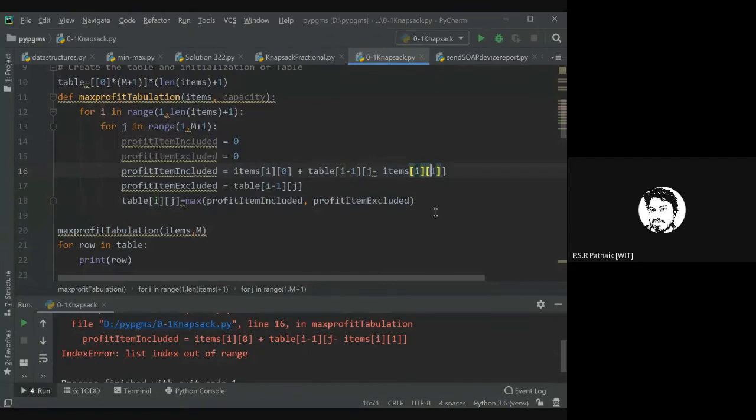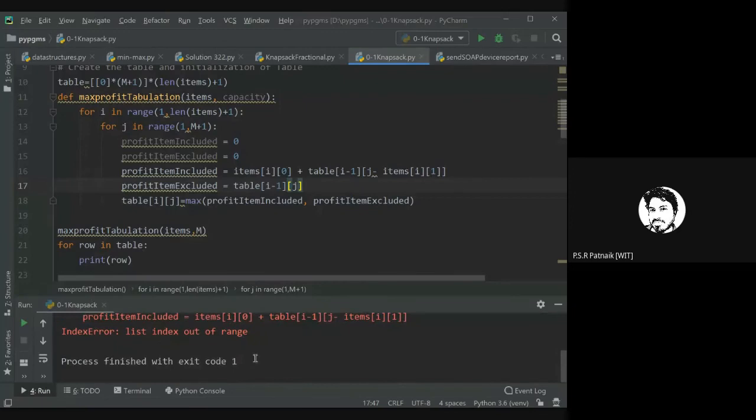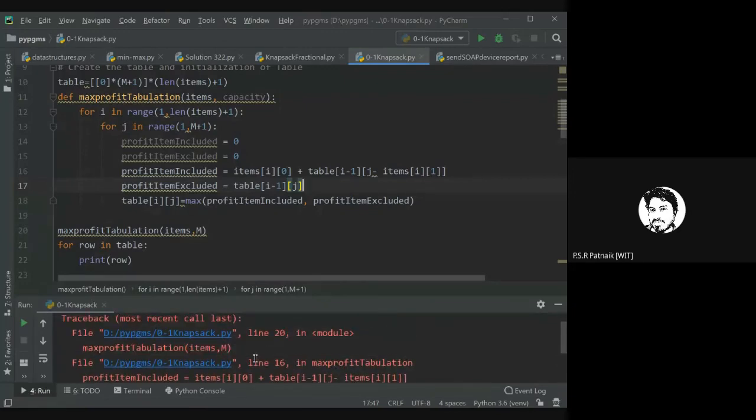Items of 0, table of i minus 1 and j minus this. I think this is where it is exceeding the index out of range.